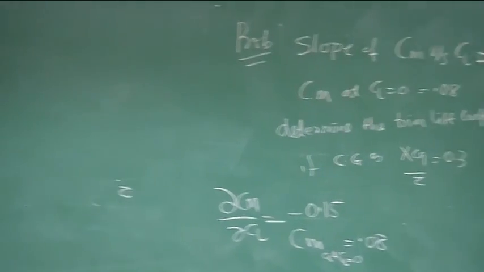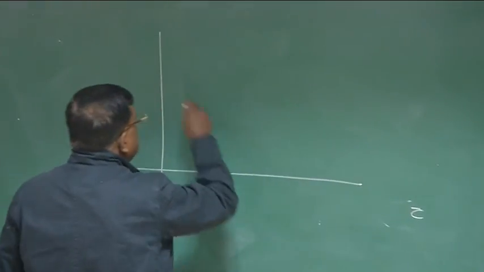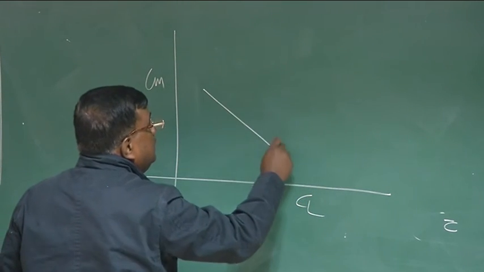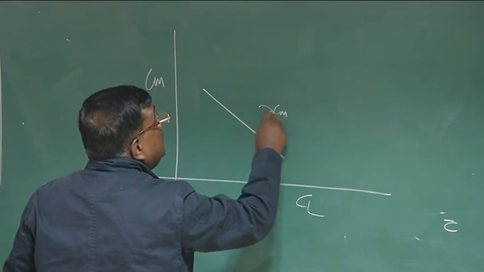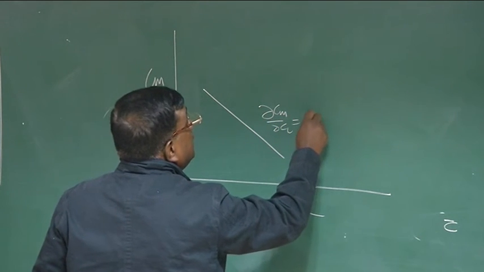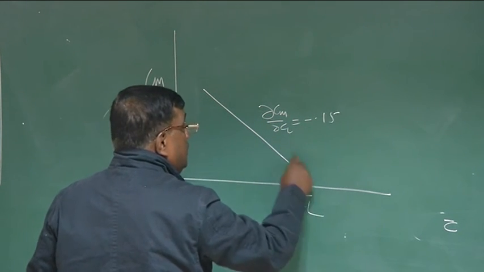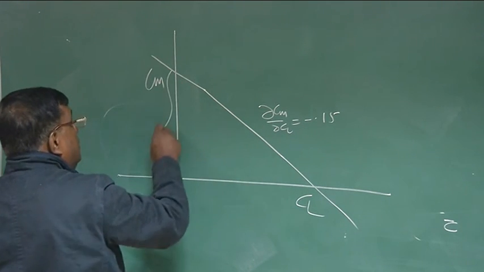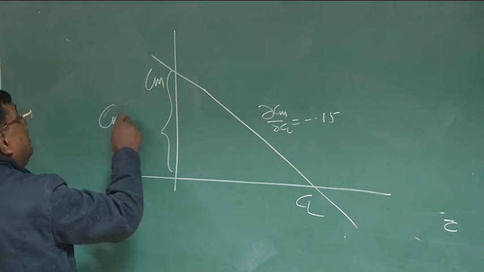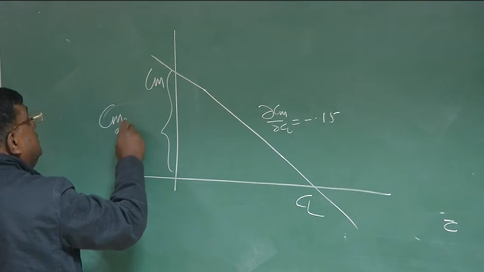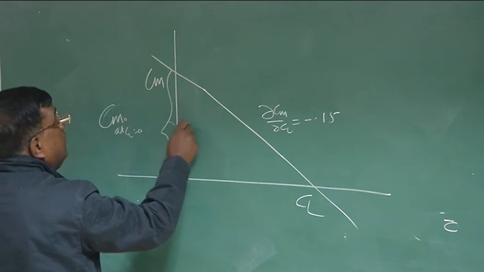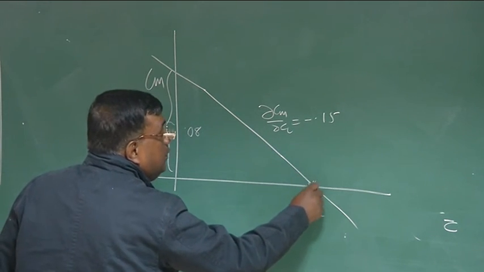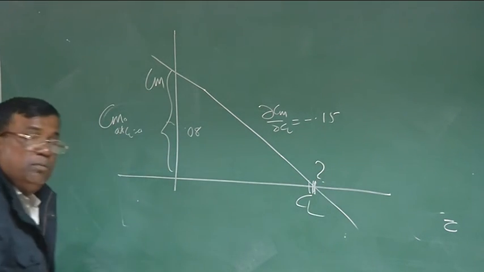So what I am to draw is CM versus CL, the slope dCm by dCl is minus 0.15, and this value, CM naught or CM at CL equal to 0, is 0.08. What is this value? CL trim. That's the question. Very simple problem.